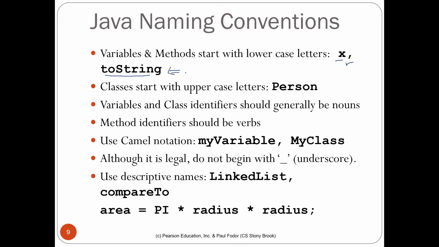Now toString that you're looking at here is a method. It's a method that we will learn to write as well. This is fine because we are starting with a lowercase letter, toString. And this rule is only about the starting letter having to be lowercase. We do have S, which is an uppercase, but that's not the first letter of this name toString, so we are good.